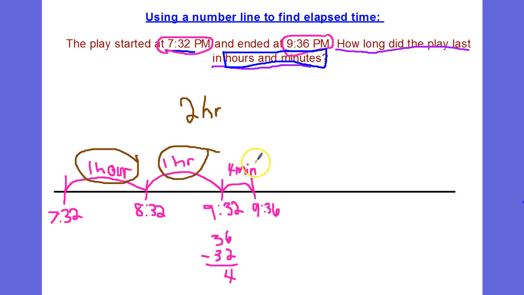And how many minutes? Well, I have 4 minutes. And that's it. 2 hours and 4 minutes. And that would be your answer. How long did the play last in hours and minutes? 2 hours, 4 minutes.